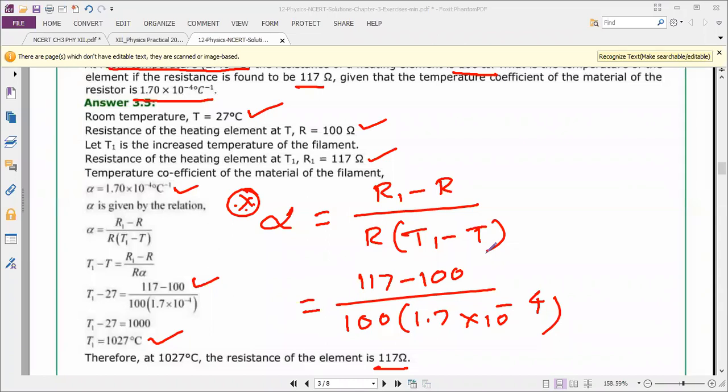Okay, same method. One more problem is also there. Check it.